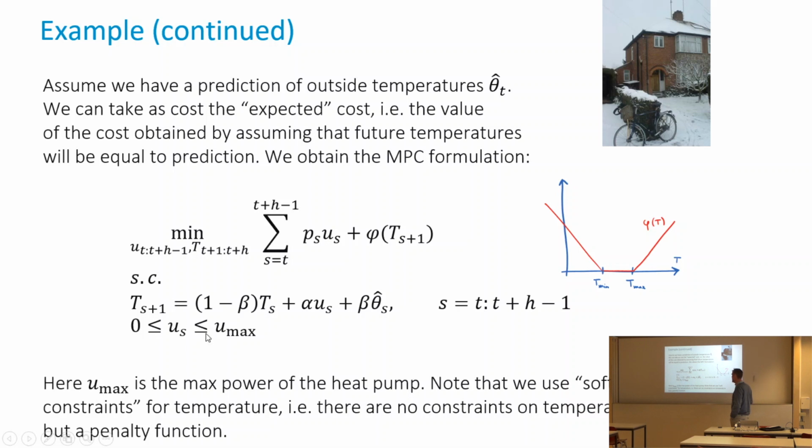So that's a constraint on how much we can consume and therefore how much we generate. And the cost is the cost we gave before. That's the integral, now in discrete time gives a sum of the price we will pay plus a penalty for violating the desired comfort zone. Here.